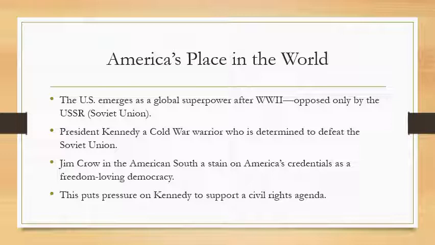A little late, maybe a dollar short, a day late sort of a thing. But he does ultimately come to the table and supports a version of what later becomes the Civil Rights Act of 1964. So there you have it, right? Is America's place in the world an important way to think about what happens in our politics? Absolutely. And hopefully I've shown you that with this particular example.